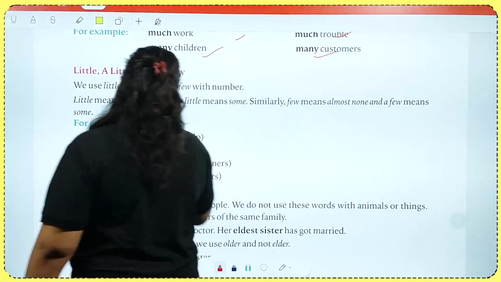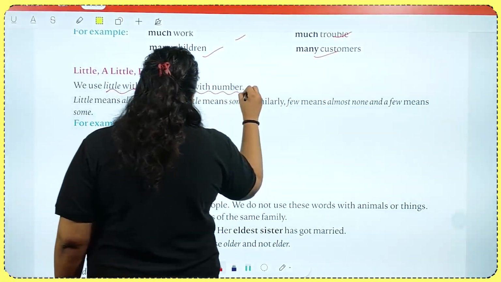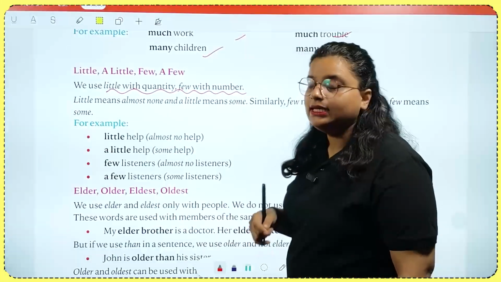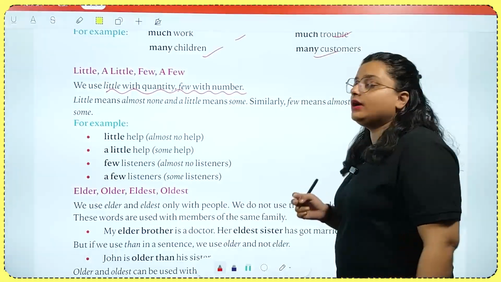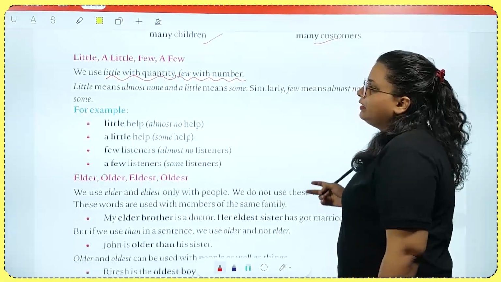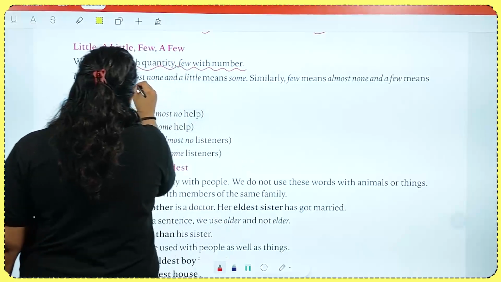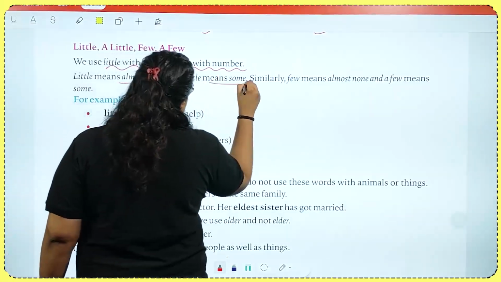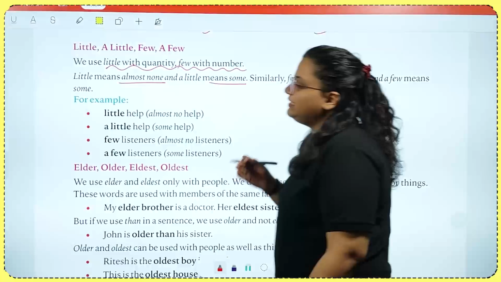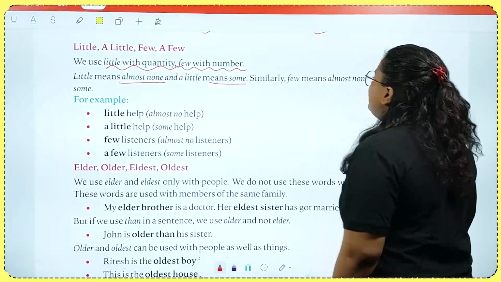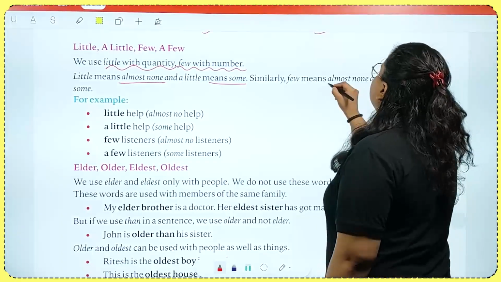Little, a little, few, a few. We use little with quantity, few with number. So little is used when you talk about quantity and few when you can count. Little means almost none. A little means some. Similarly, few means almost none.